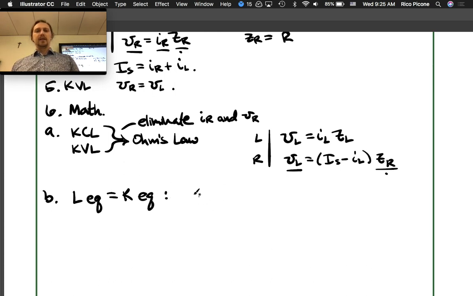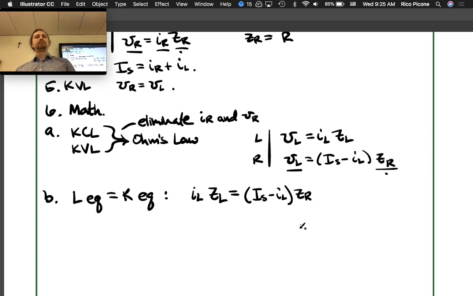Or IL ZL equals IS minus IL times ZR. Okay. Get the ILs on one side, so we'll add ZR IL to both sides. Factor out an IL and divide both sides over, so or just divide the remainder over. So that's what we have.